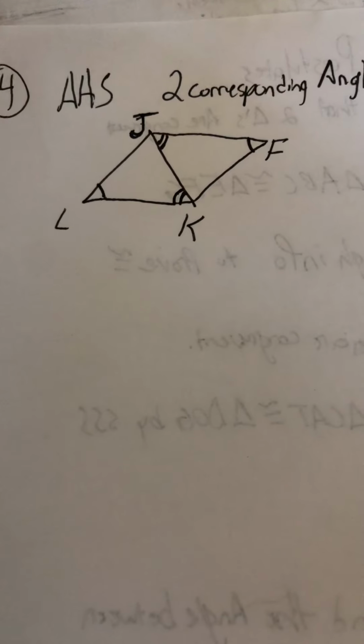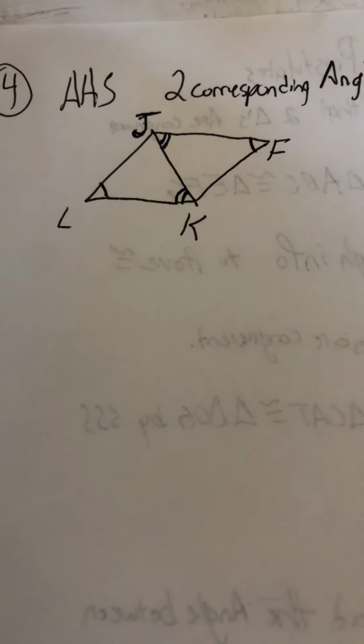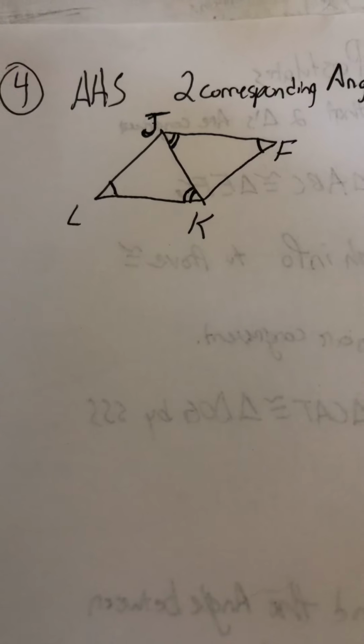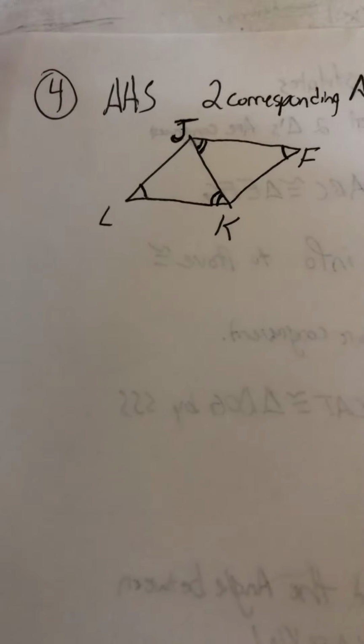Is there any hidden congruent parts here? When I say hidden, it's like vertical angles, alternate interior angles, alternate exterior angles, corresponding angles, a midpoint, or a reflexive property, which means a shared side. Yep, they share this side right here. So I'm going to mark that side congruent, okay, because it's shared.